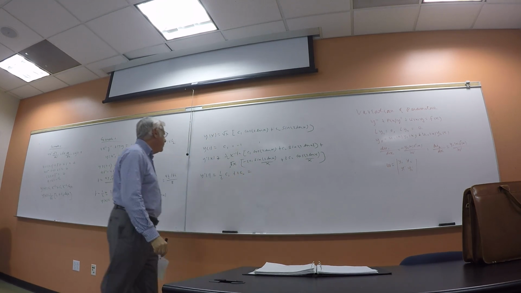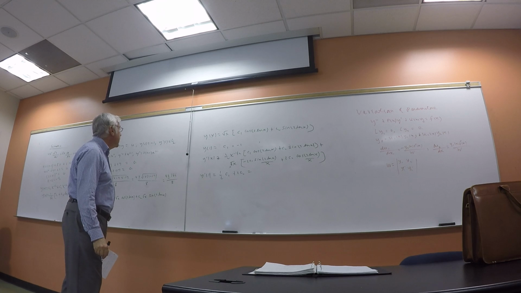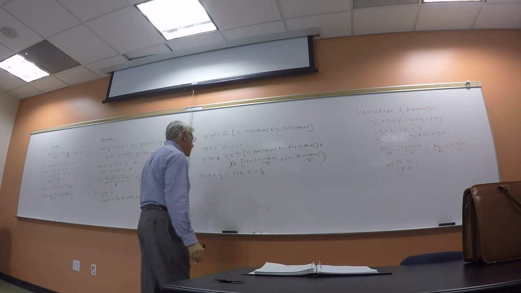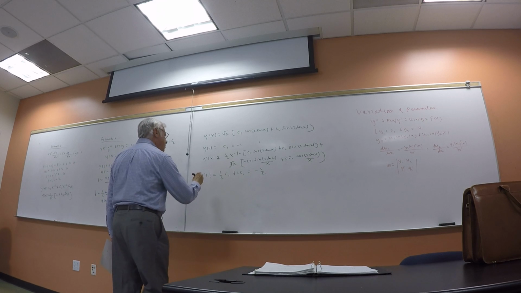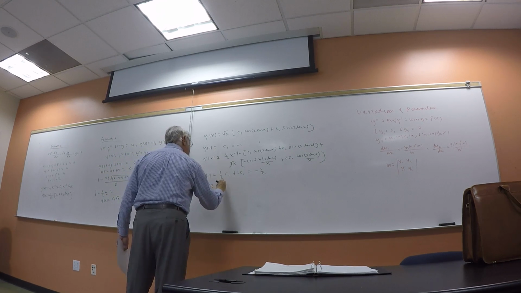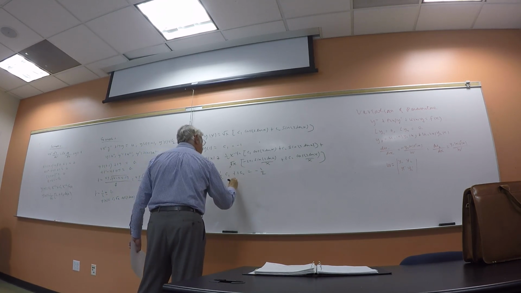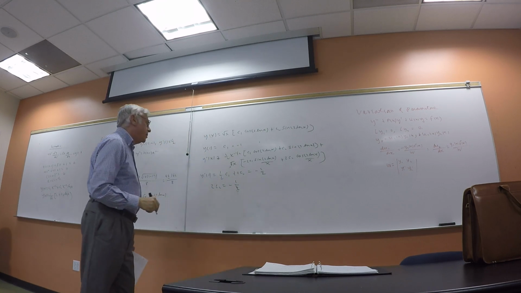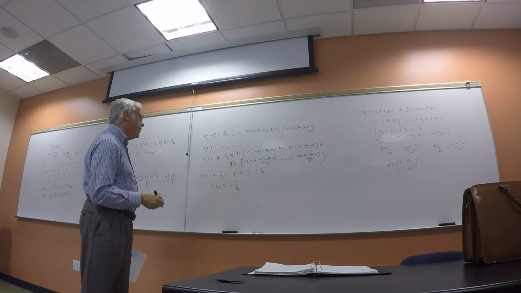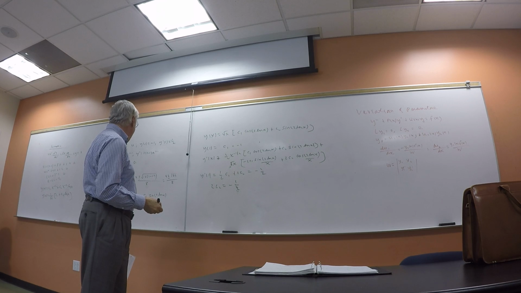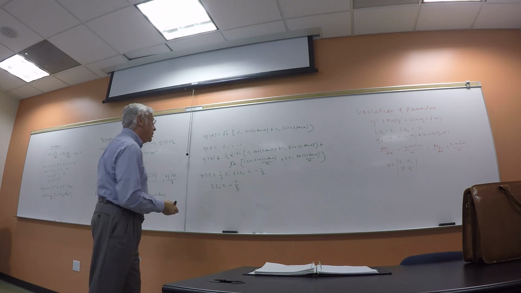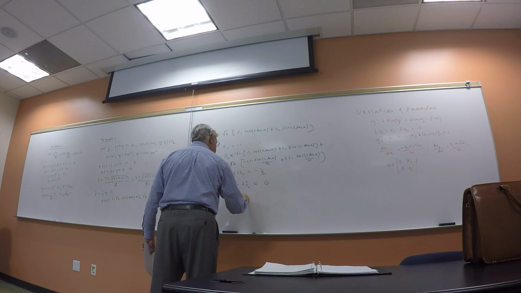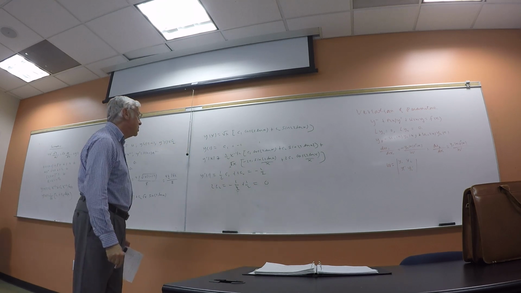But we know the value of y prime of 1, it has to equal negative a half. So, what's 2c2? 2c2 is negative a half minus a half c1, but we have the value of c1. So it's plus a half, which is 0. Okay? So c2 is equal to 0.